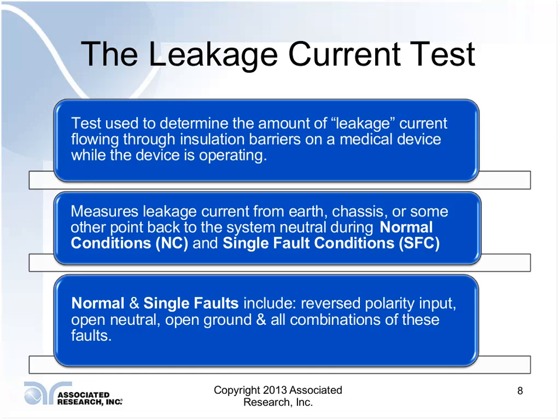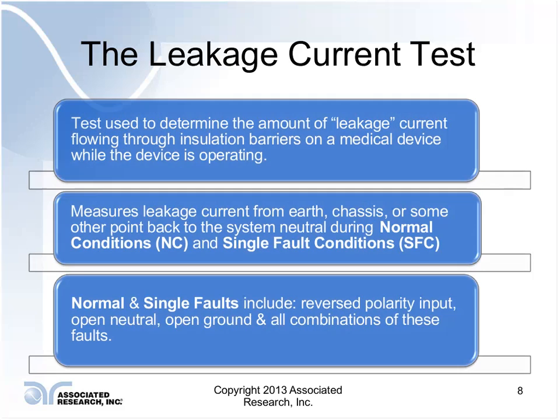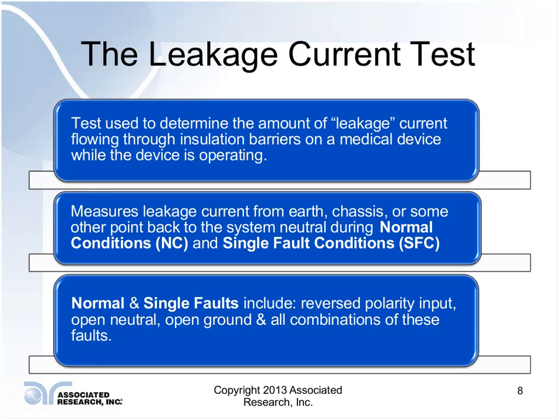So instead of line neutral, you're now flipping it to neutral line. An open neutral, so you're basically opening a conductor in the circuit, and then an opening of ground. So opening or defeating your ground circuit to see what might happen. If there's a fault and you open your ground, what would a user be exposed to? And really what we're trying to do here is look at all combinations of these faults. And kind of the main point of a leakage test is we really want to see how much leakage is flowing through these barriers.